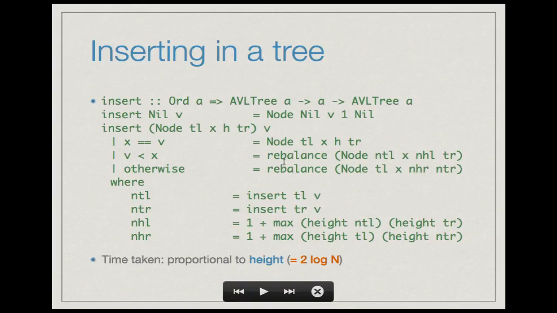So we do rebalance of node ntl x nhl tr, where ntl is insert tl v. nhl is the new height of the left subtree, which we calculate by 1 plus max of height ntl, height tr.